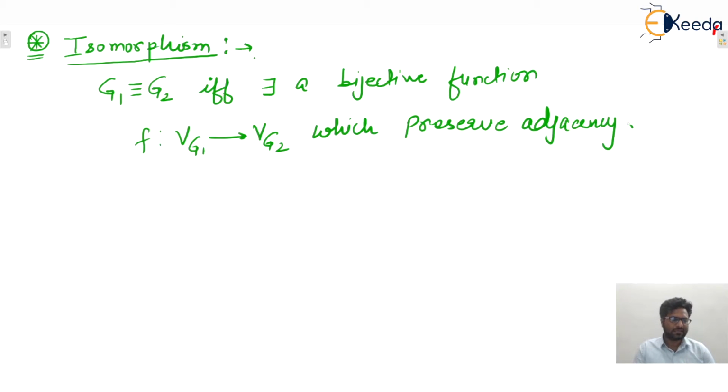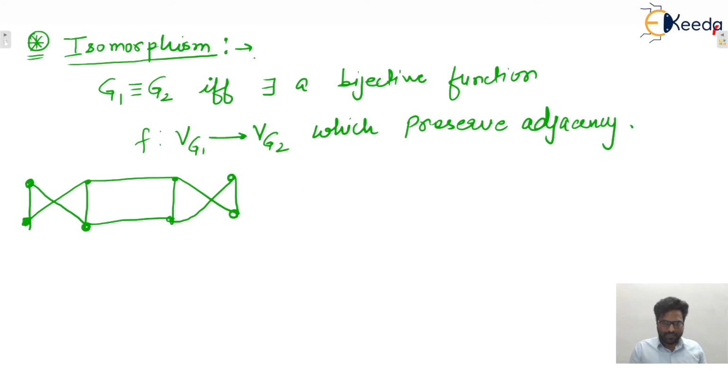That is the definition of isomorphism in graphs. Meaning is, consider two graphs. Let's say these are two graphs, and the next graph is this one.